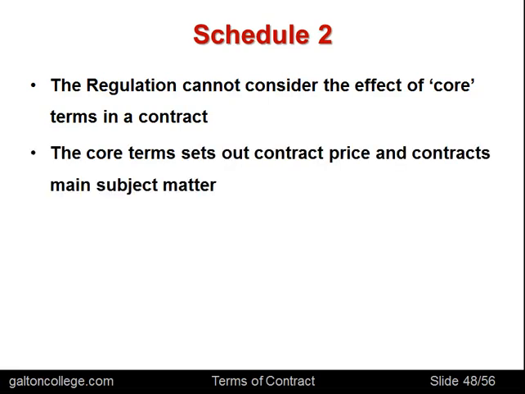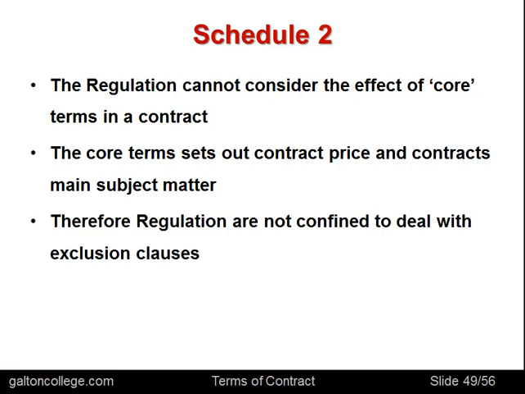The core terms set out the contract price and the contract's main subject matter. Therefore, the regulations are not confined to dealing with exclusion clauses. The regulations set out the whole framework within which the contract should be drawn.